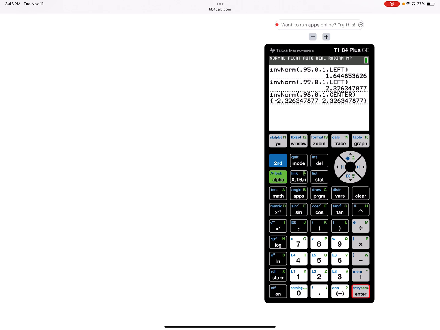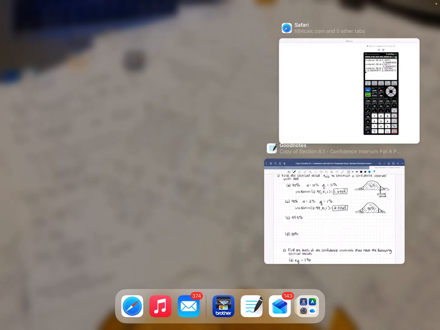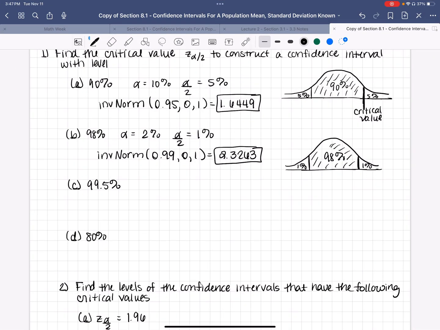Oh, that's nice. It gives us both values. When we do the center, I might suggest upgrading your operating system if yours doesn't do left, right, or center. I know Robert's does. So he can say center and get that right value, which is the critical value there. I will continue to work on without the left, right, center.